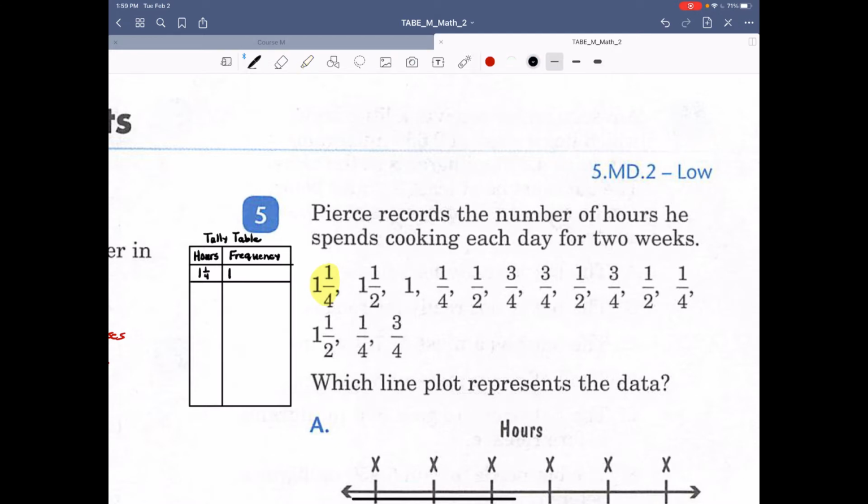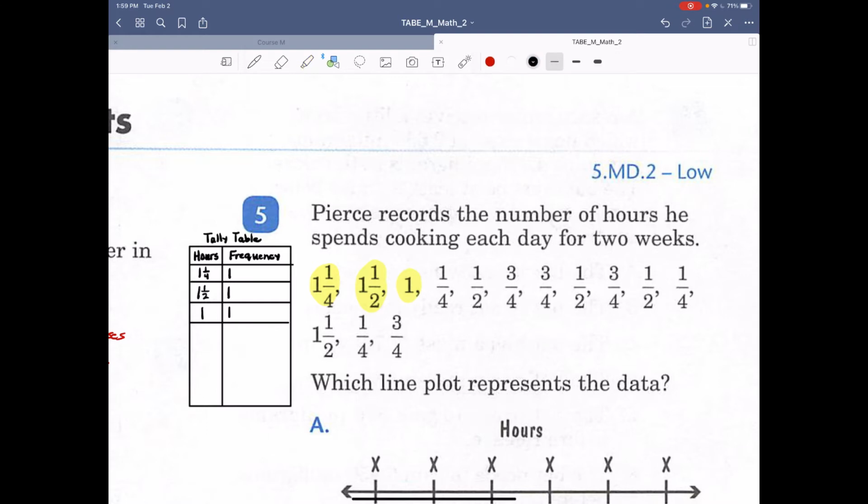Then 1 1/2. That's going to be the second entry. So on that next day, he cooked a little longer. And that tally mark represents 1 time that I see that. Then I see a whole hour, just 1 hour for this next entry.